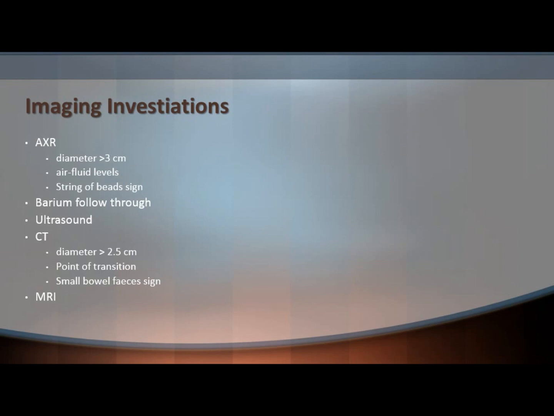In cases where the bowel loops are filled with fluid and the patient is supine, the air will be trapped between the valvulae conniventes, and it will appear like a string of beads. Later on, we will discuss the features on the other modalities.